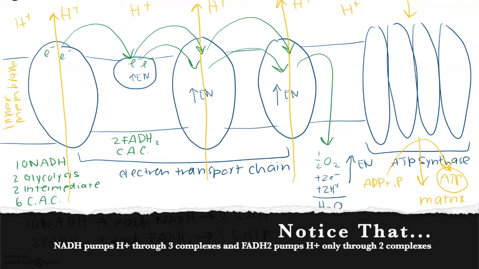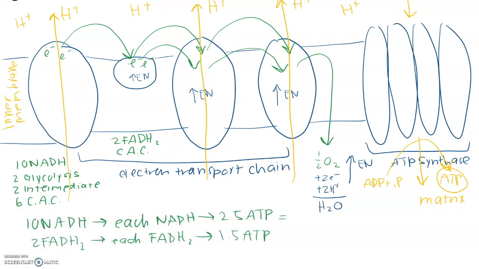And so if we count this up, that means that we make about a maximum of 25 ATPs from NADH, and we can make a maximum of 3 ATPs from FADH2. So from oxidative phosphorylation, we can make up to 28 ATP molecules that our body can use for energy.